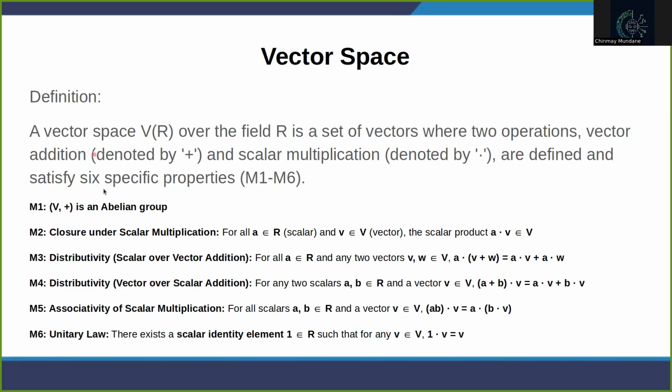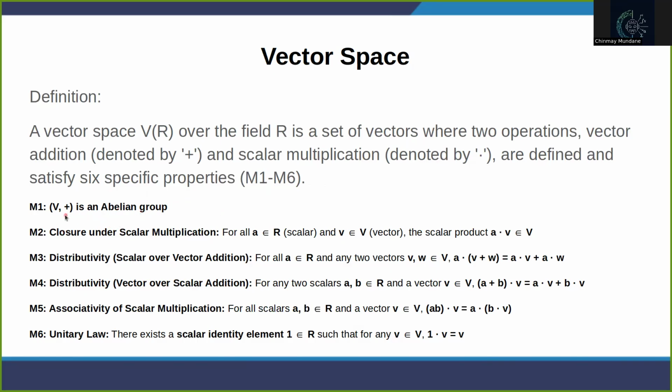So let us see this first property. It is M1, which is the first property: vectors with addition form an abelian group. So what do I mean by abelian group?